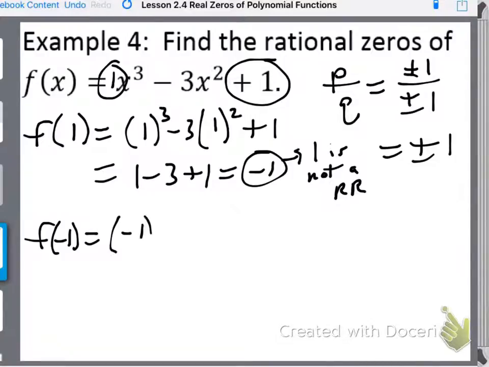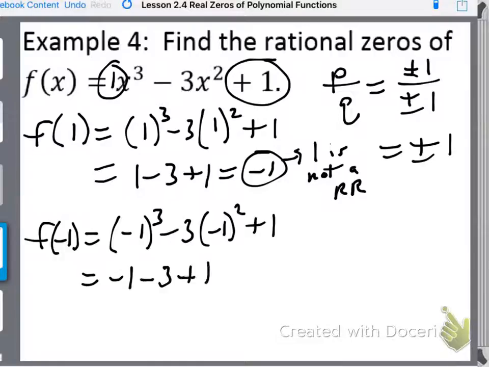So negative 1 to the third power minus 3 times negative 1 to the second plus 1. Negative 1 to the third is negative 1. Negative 1 squared is positive 1, times negative 3 is negative 3, plus 1. So I get negative 3. Well, that's not 0, so that means that negative 1 isn't a rational root.